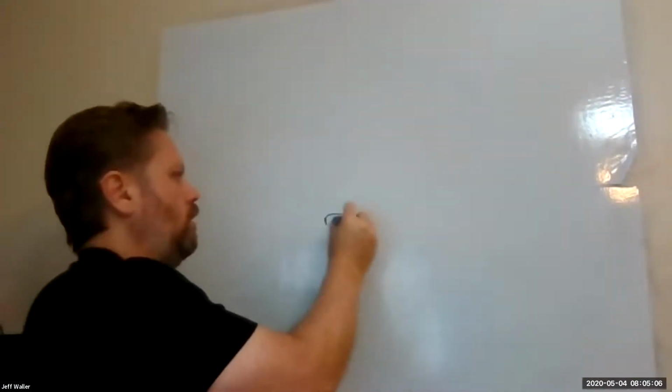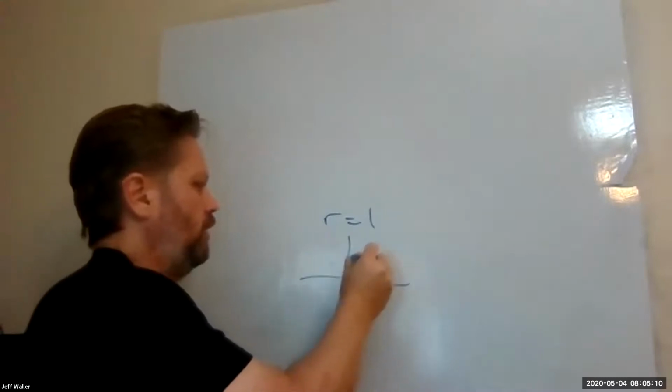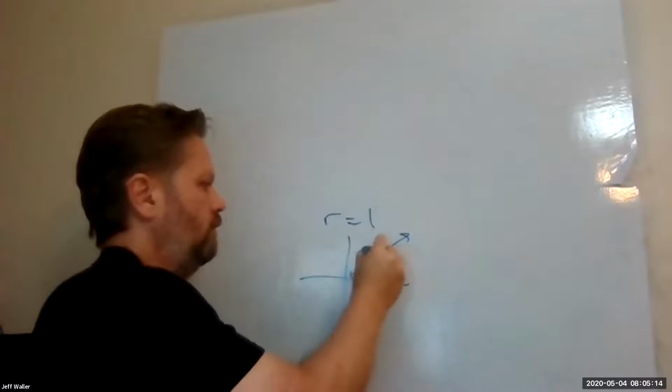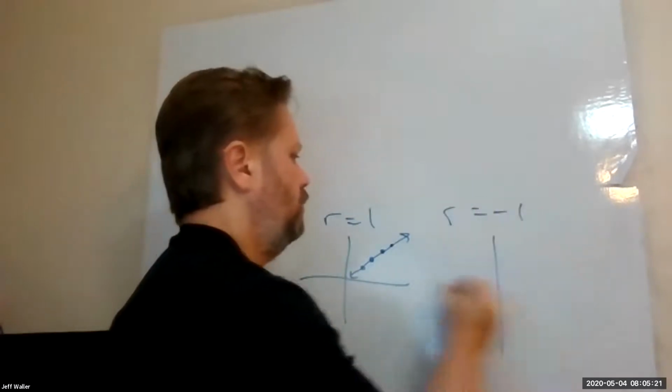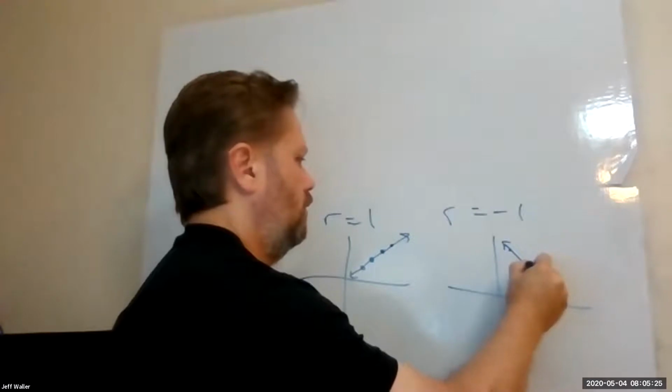So, R equal to 1 would be points that line up perfectly like that, right? R equal to -1 would be points that line up perfectly on a negative sloped line.